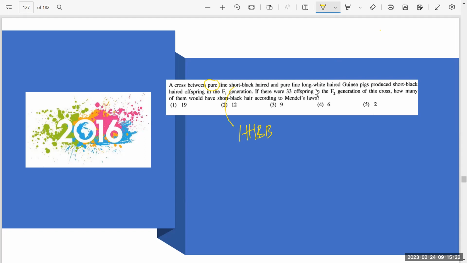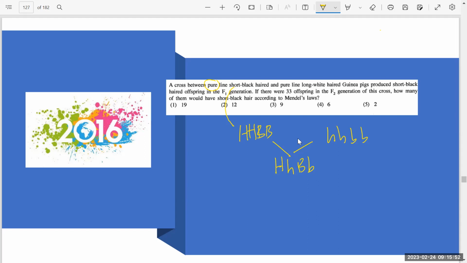The other one is a long, white-haired guinea pig, and they produce short, black-haired offspring. So this combination should result in a heterozygous genotype.